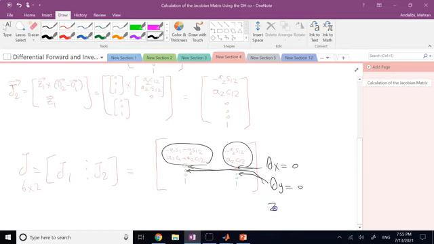And since the z of the end effector is 0, well, I guess the order has to change. The top one is z. The z is 0. The first one is 0 because theta x is 0. The second one is 0 because theta y is 0. The third ones are 0.